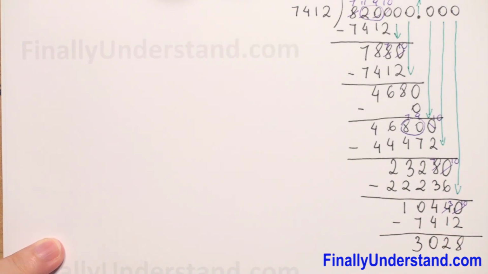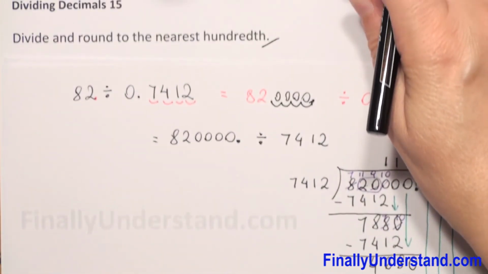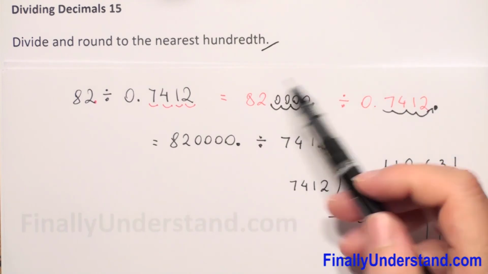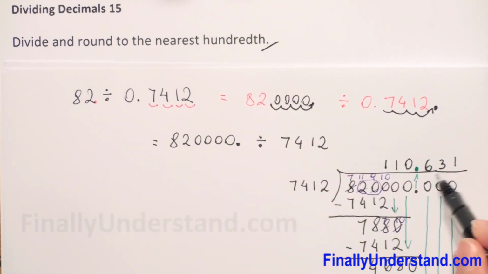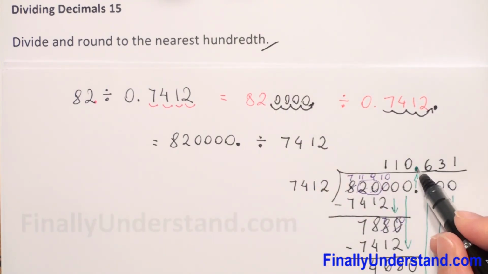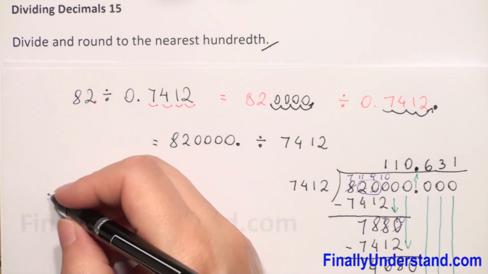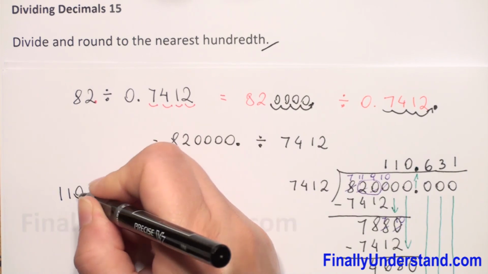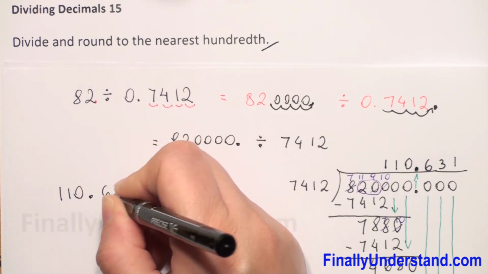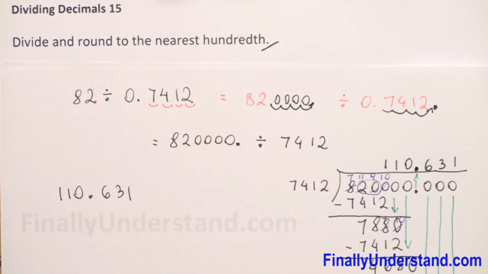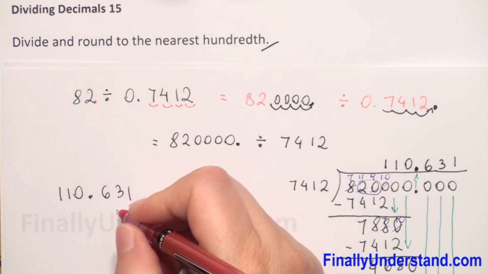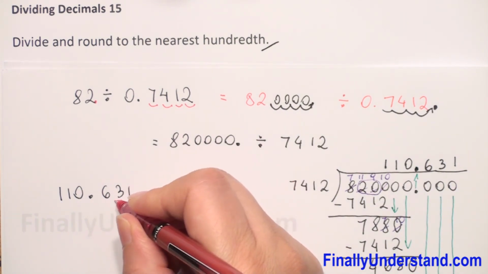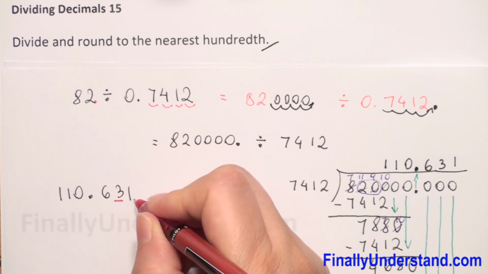What next? Because we need to round to hundredth, like I said, we need 3 digits after the decimal point. At that moment we have 3 digits, so we can stop the long division. We have 110 decimal point 631. We need to round to the nearest hundredth, so we underline the hundredth, which is the second digit after the decimal point, and we check the next digit, which is 1.